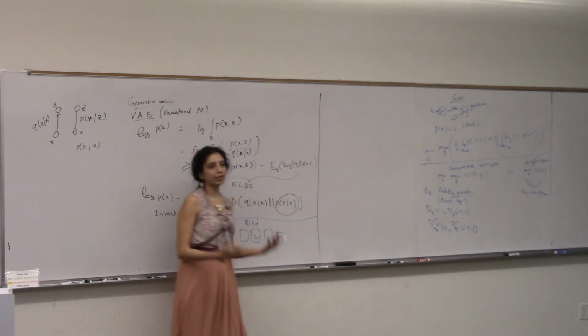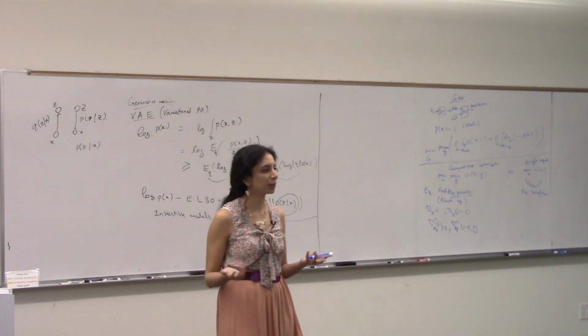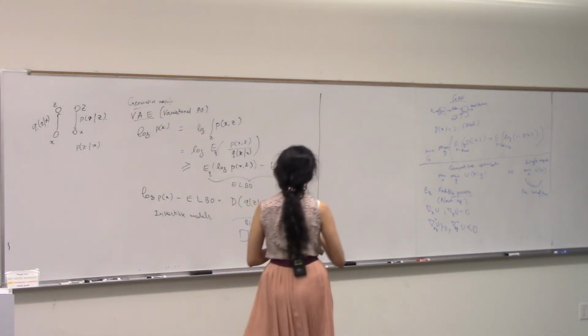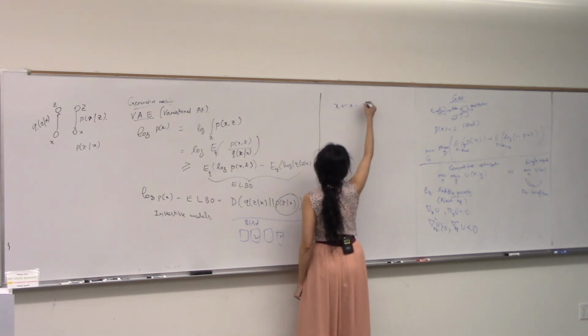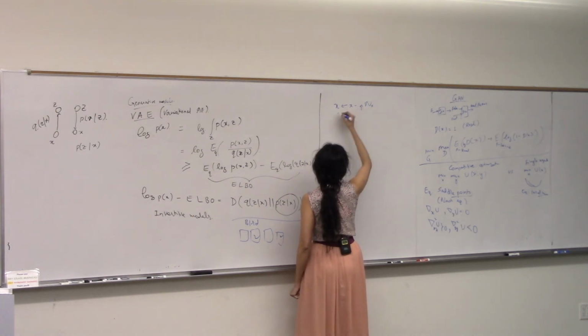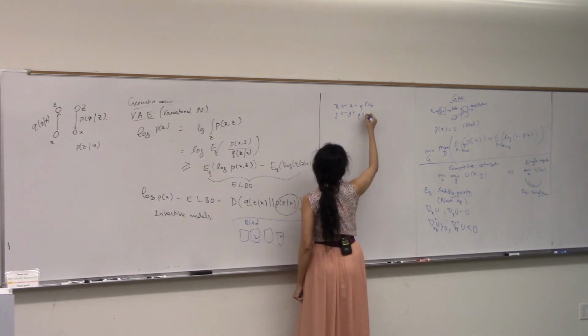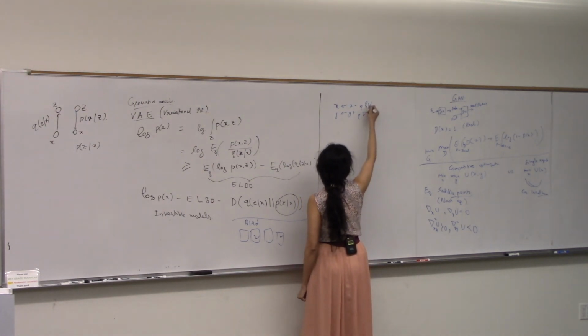Because what's a natural algorithm? I could just have each player do gradient descent. So I could just update my x according to some gradient, and similarly, y also updates.